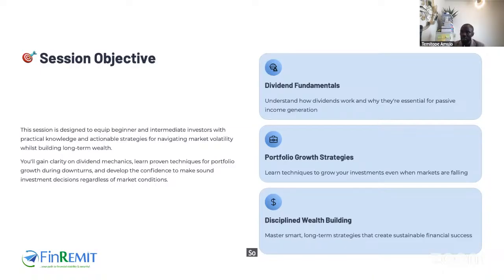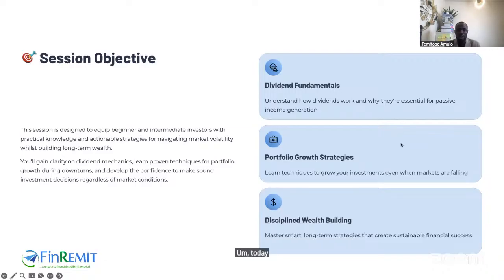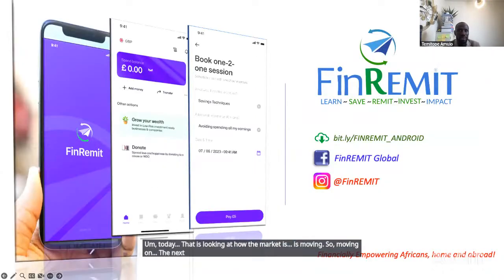And their decisions determine the market and the supply and demand of that particular stock. So, I put it that we are also going to look at that today. That is looking at how the market is moving. So, moving on. The next slide is yes.